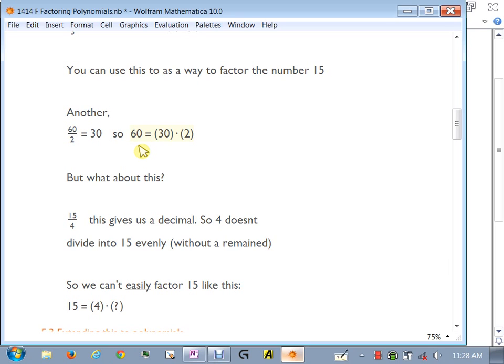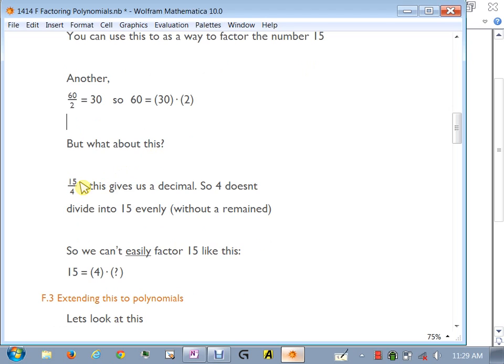All right, so 60 divided by 2 is 30. I hate when I do things like that. 60 divided by 2 is 30, which means that you could rewrite 60 as 30 times 2. So we've again found a way of breaking 60 down into a product.